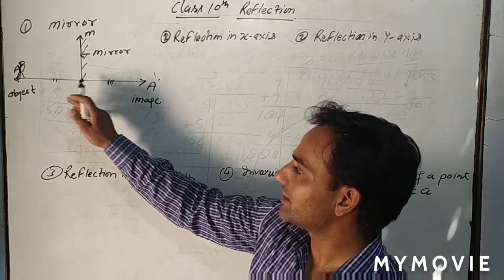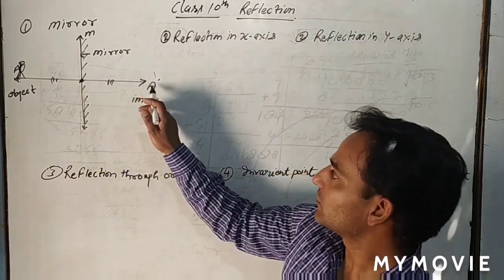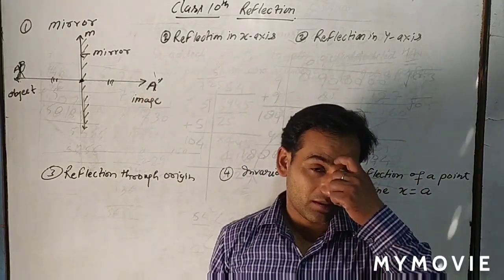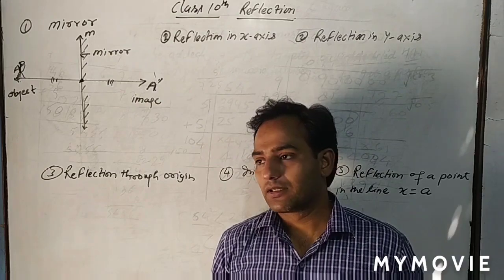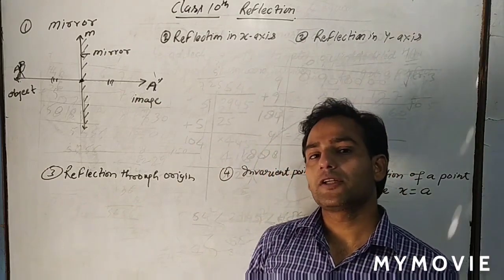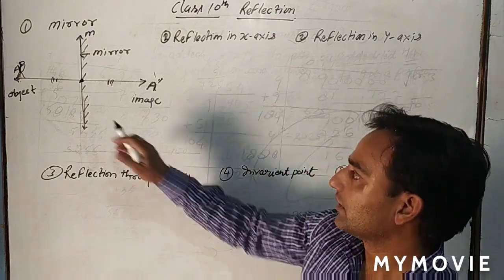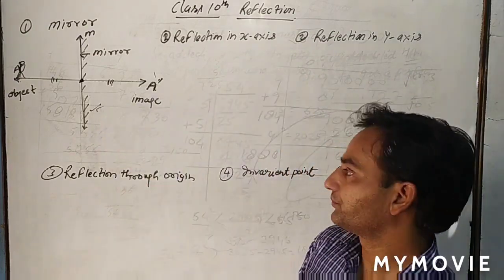So this distance and this distance will be the same. So this will be the image A dash. I hope we all are familiar with this. Whatever the distance of ours will be from the mirror, the same distance is going to be the image for ourselves in the mirror. This is the quality of a mirror.